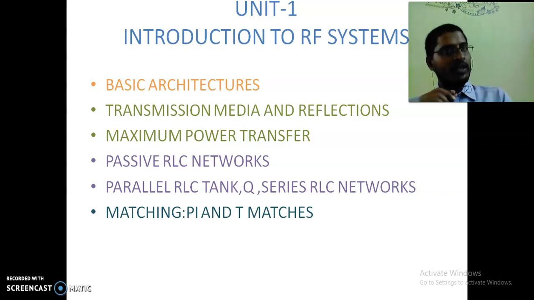The best example is the ideal transformer. But the difficulty is that it is very difficult to design an ideal transformer, so there are some other networks possible to design matching networks and avoid losses.